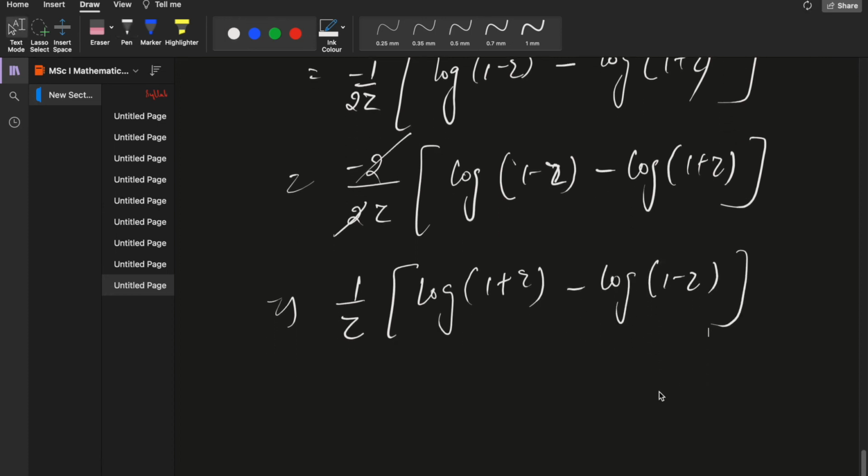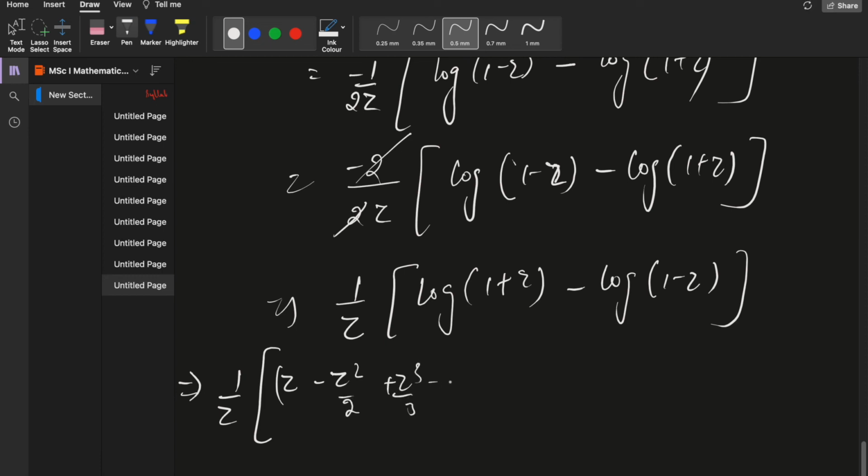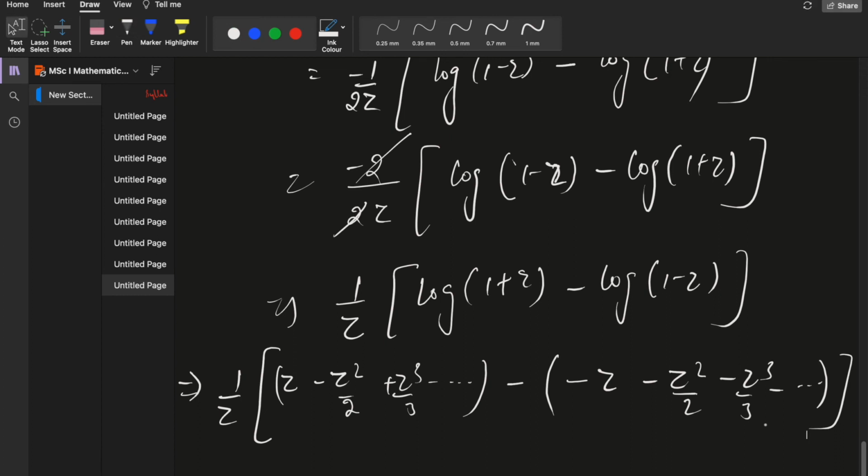Good. So 1 upon z. I know log 1 plus x is z minus z square upon 2 plus z cube upon 3 minus something. So minus of log 1 minus x is minus of z minus z square upon 2 minus z cube upon 3 and so on.